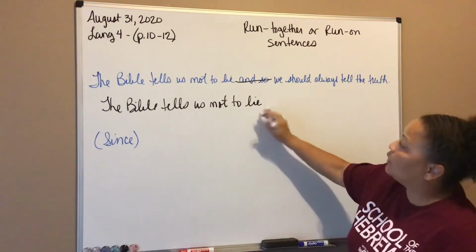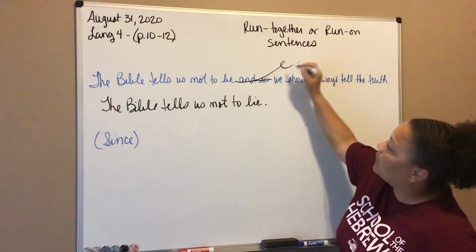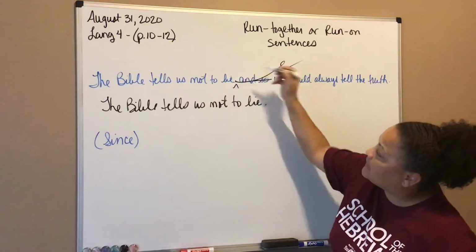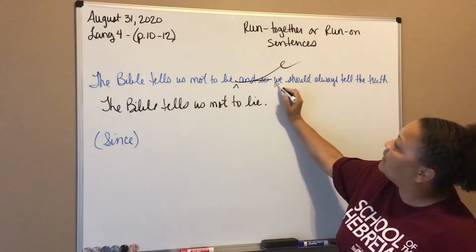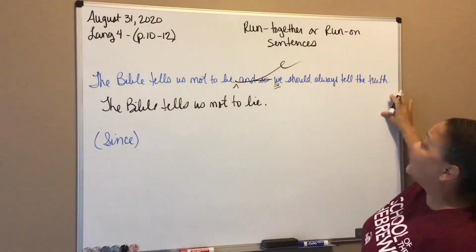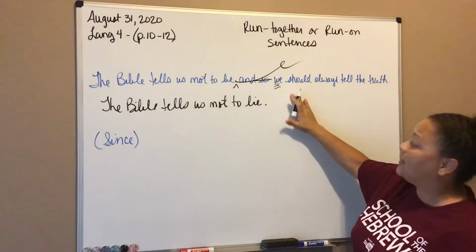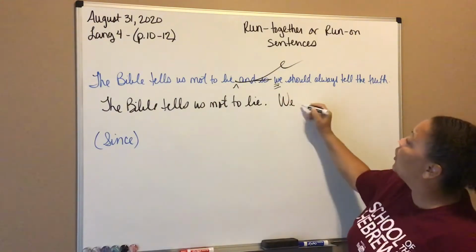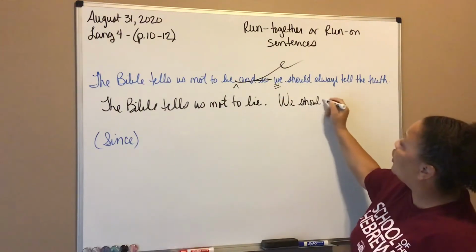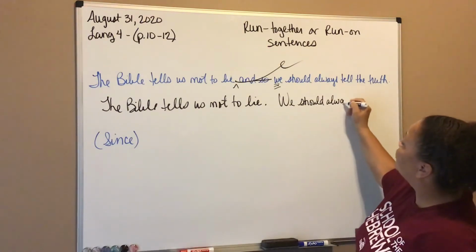Okay? So this "and so" is taken out, but this needs a period. We have to insert a period there, which means this next word for the next sentence must be capitalized. So now we start our next sentence with a capital letter. "We should always tell the truth."